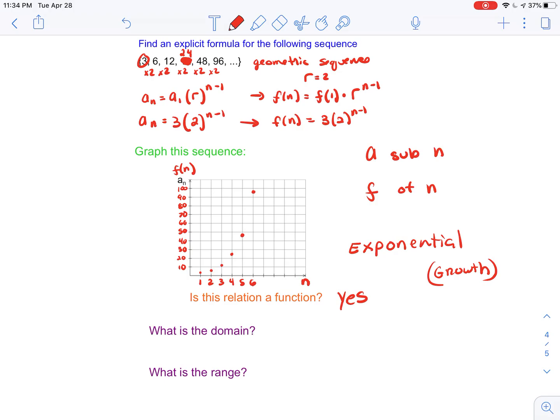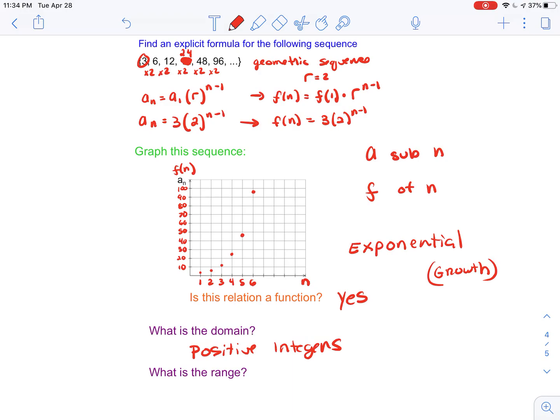What is my domain? Well, this function has the same restrictions as the last one. We can only plug in the numbers 1, 2, 3, 4, and bigger, which are my positive integers. Now the range in this case is going to be the same, but you have to be careful, especially with common ratios that are fractions. You might have more decimals and fractions when it comes down to geometric sequences.